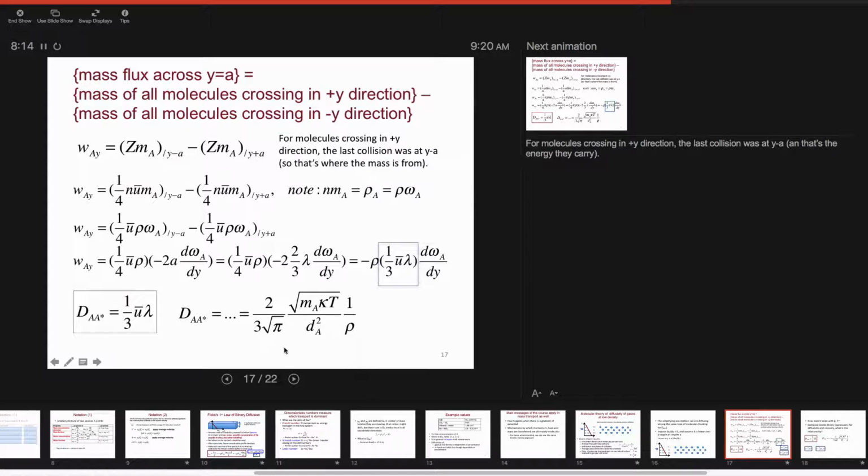So it is 1/3 u average lambda, and when I put in all of the formulas, I will get this expression. What is important here to remember is the dependence on the square root of T. And I do have 1 over density here, and that is the density of the entire system.